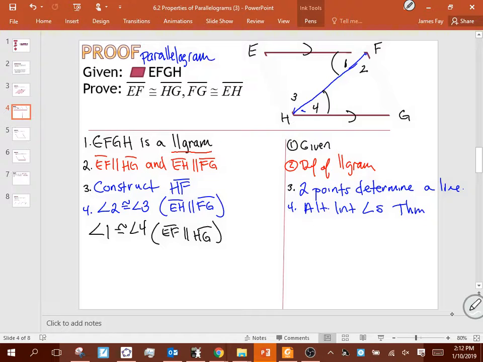But I need you to understand that one congruency comes from one set of parallel lines and a transversal, and the other congruency comes from a different set of parallel lines in that transversal. All right. So looking at this picture, what are we trying to do here if we have triangles in our picture? In chapter 4, we were always trying to do what with those triangles?